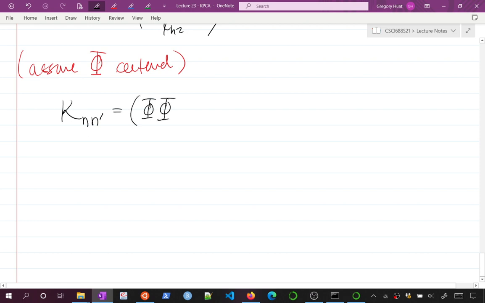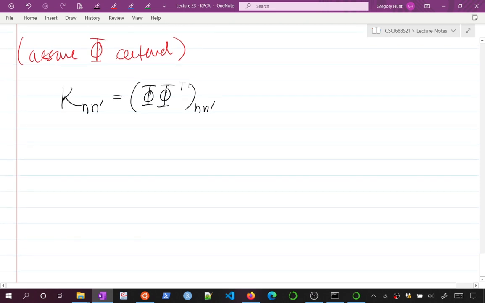What is my kernel matrix? I said it's just phi phi transpose, and we're just going to ignore the tilde for now. We're just going to assume this thing has been centered. So it's the n n prime element of phi phi transpose.